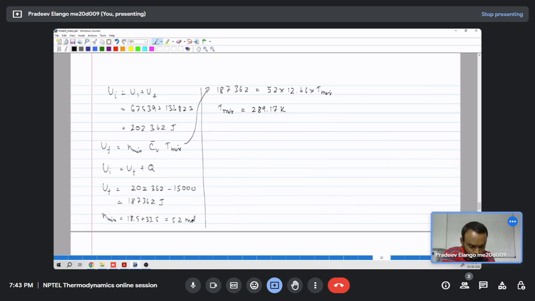Similarly, V mix can be calculated. N is 52 into R bar, 8314, into temperature 289.17, divided by V mix.